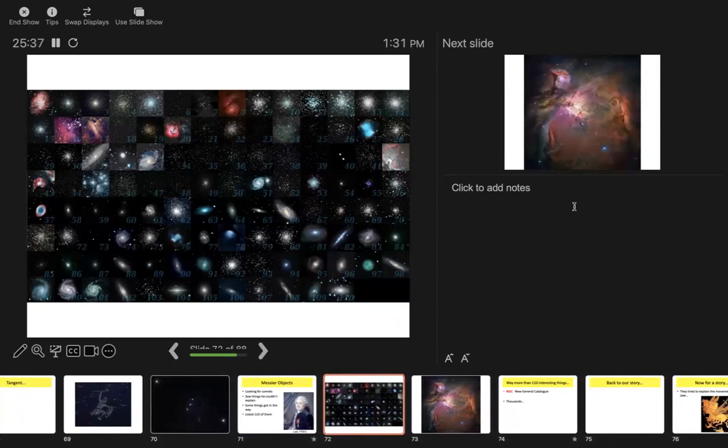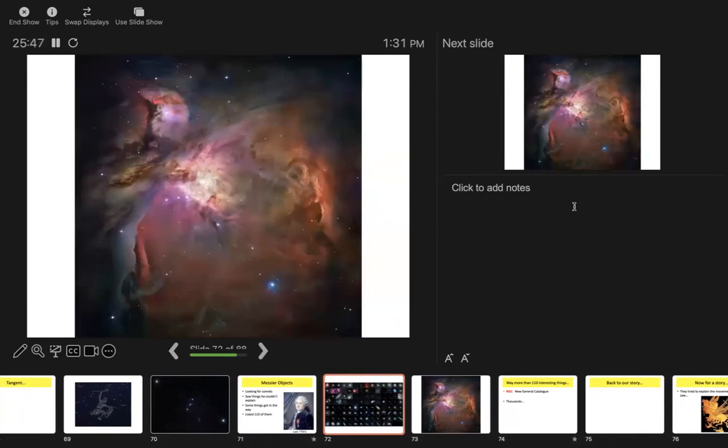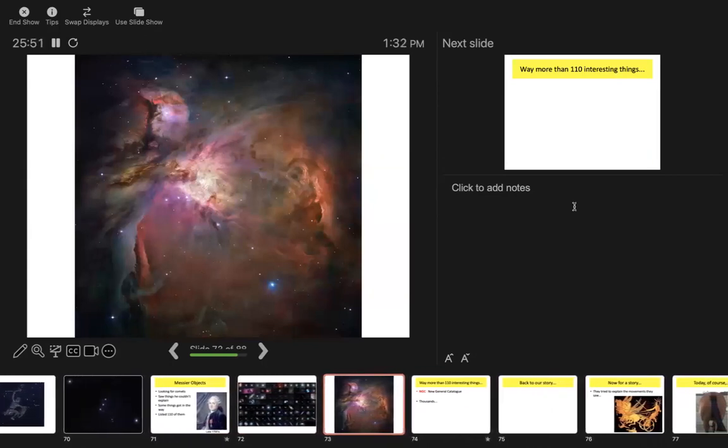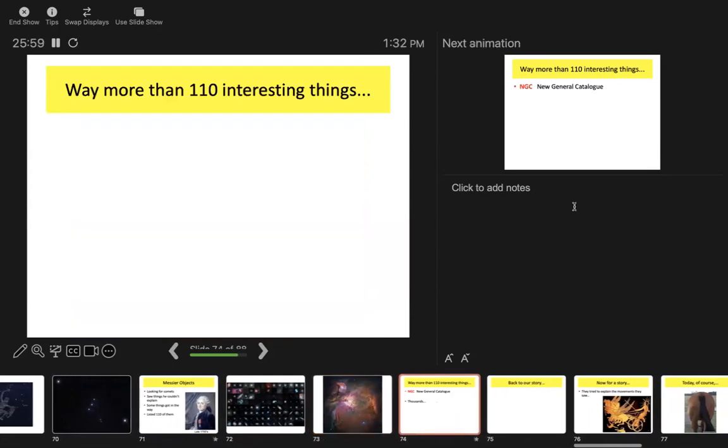To complicate the picture, there's more than 110 interesting things in the sky. So nowadays, we have a different method of cataloging these cool things that we see in the sky. One of the coolest of all coolest things right here. This is a ball of gas that's being heated, and as it heats up, it gives off light. And it's just beautiful.